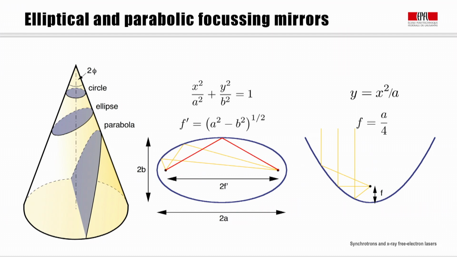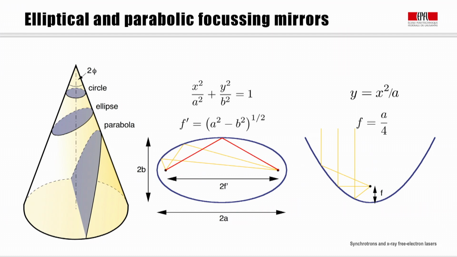In this case, f prime is approximately equal to a, the semi-major axis. In other words, the foci are exceedingly close to the left and right-hand apexes of the ellipse, and the ellipse is much, much wider than it is high. Ellipses are therefore excellent shapes for refocusing a small source via reflection.